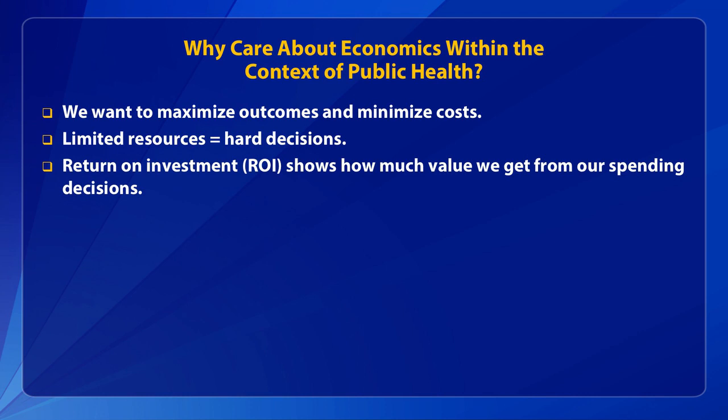If we lived in a society with unlimited resources, then we might not care so much about minimizing costs. But our reality is that financial resources for public health are scarce, and the situation is only getting worse. So we want to demonstrate the value provided in exchange for the resources we use. Another way to put this is to say that we care about societal returns on our investment in public health.